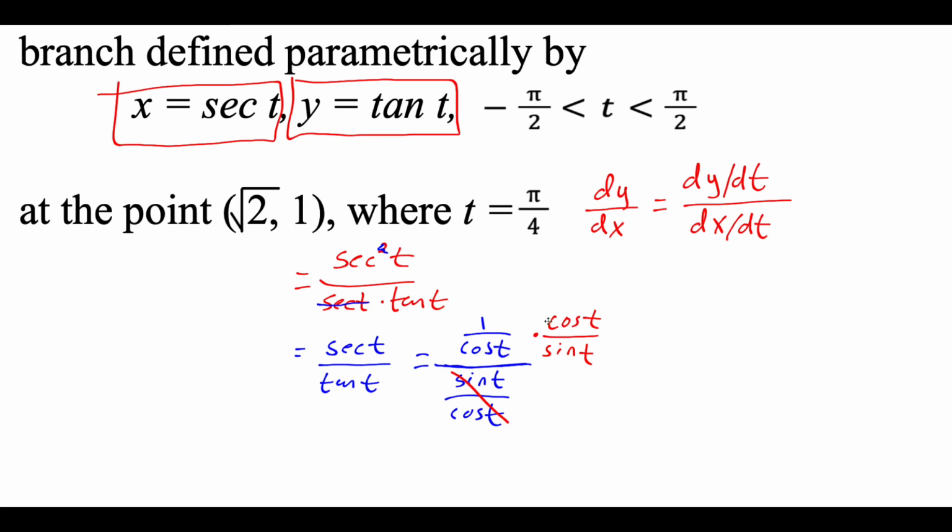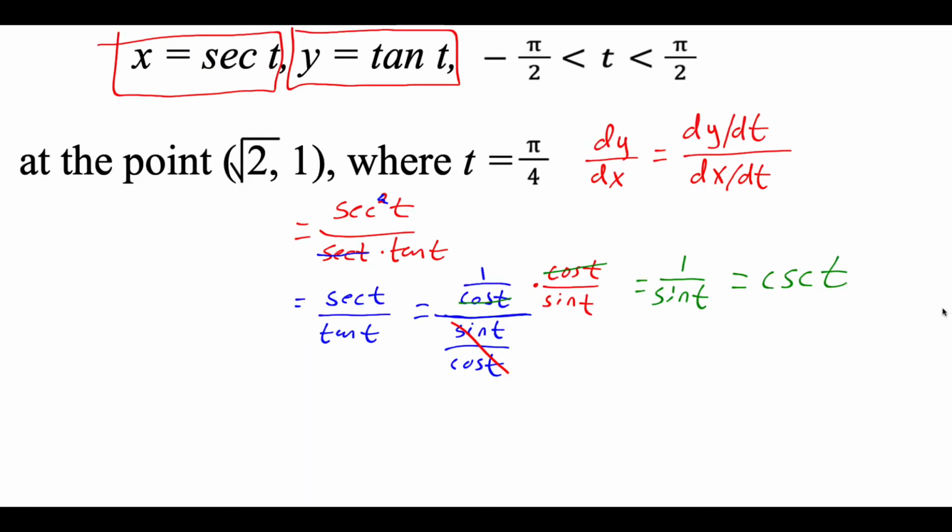Now we've got a cosine on top and on bottom that cancel each other out. So this simplifies down to just 1 over the sine of t, which we should recognize as the cosecant of t. So this is our dy/dx, the cosecant of t.